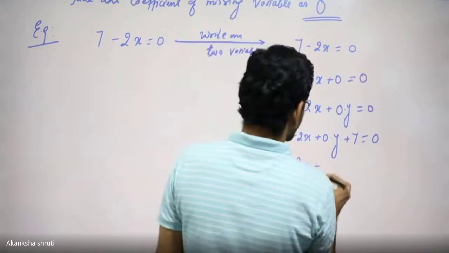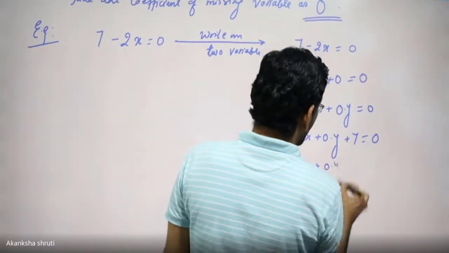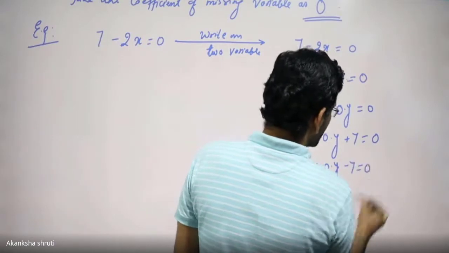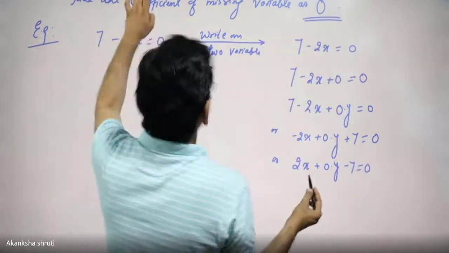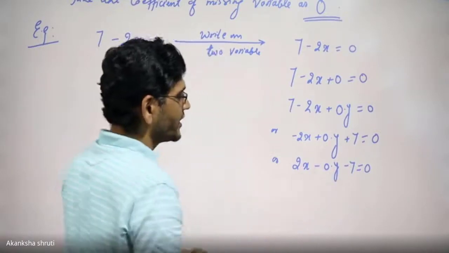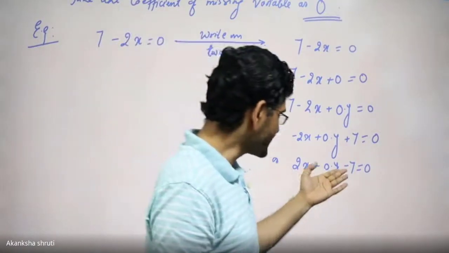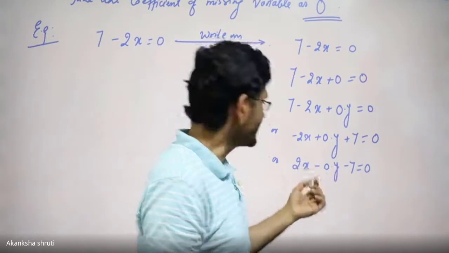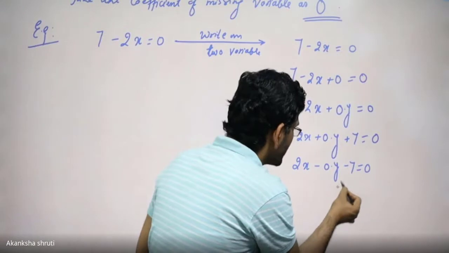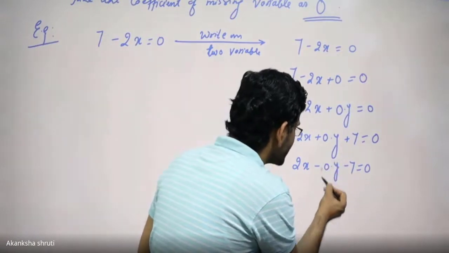So we may write this as 2x plus 0y minus 7 is equal to 0. Students, if you are changing the sign, you may get confused. You may write this one, but even if you write this, it is also okay. But in general, wherever a term is 0, 0 is always written with the plus sign.